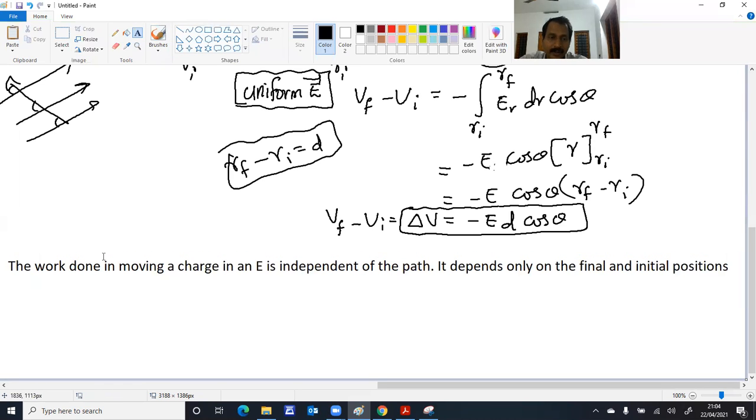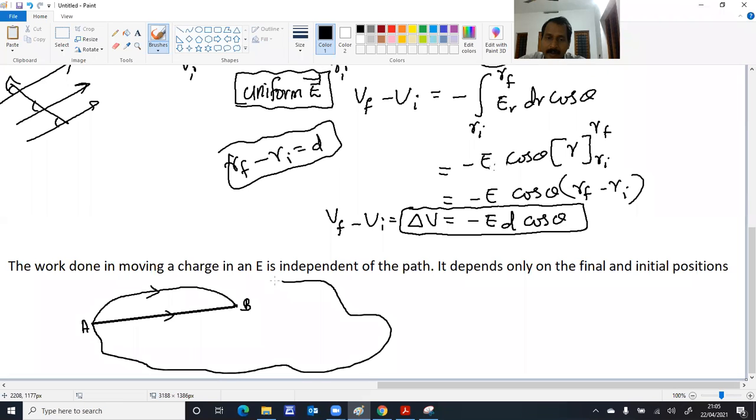Means if you start from point A and you reach point B, we have seen this last year also for conservative field. This is one path. This is another path. This may be a totally different path, right?